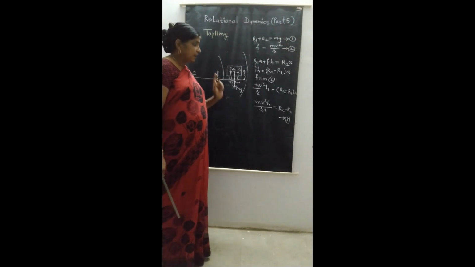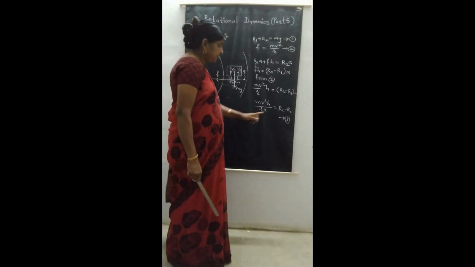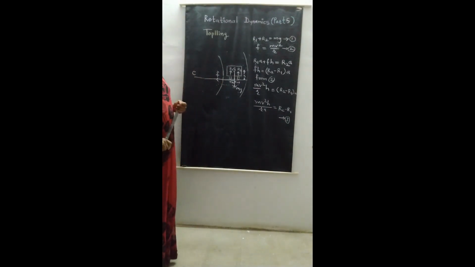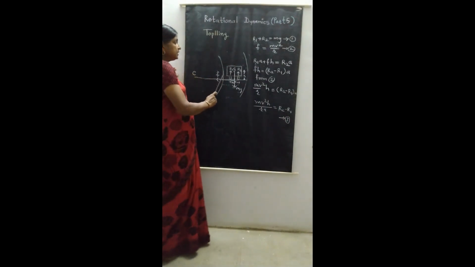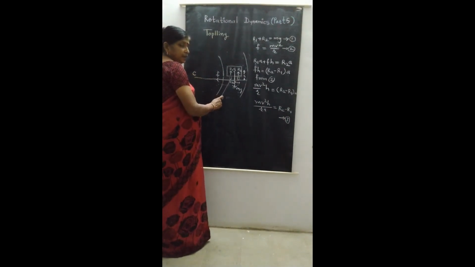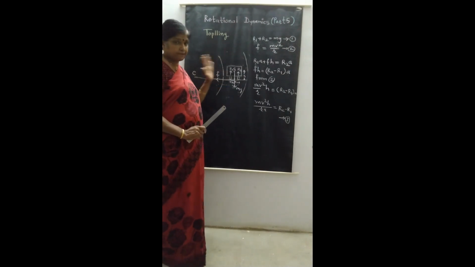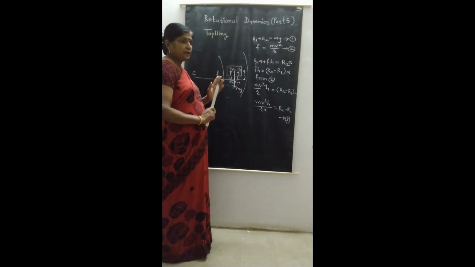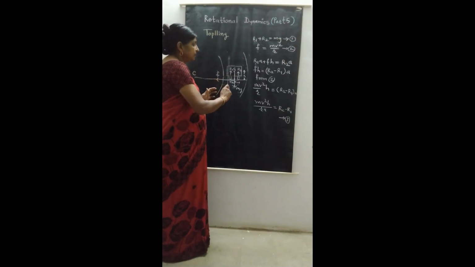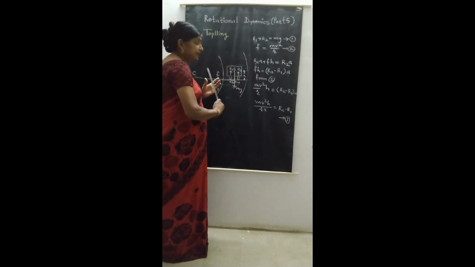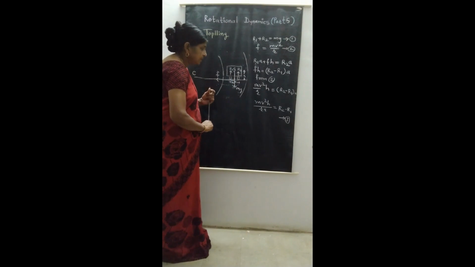So a situation will come when R1 becomes 0. Under that condition, what happens? This inner wheel loses contact with the road surface and it begins to topple. It tends to topple rather.